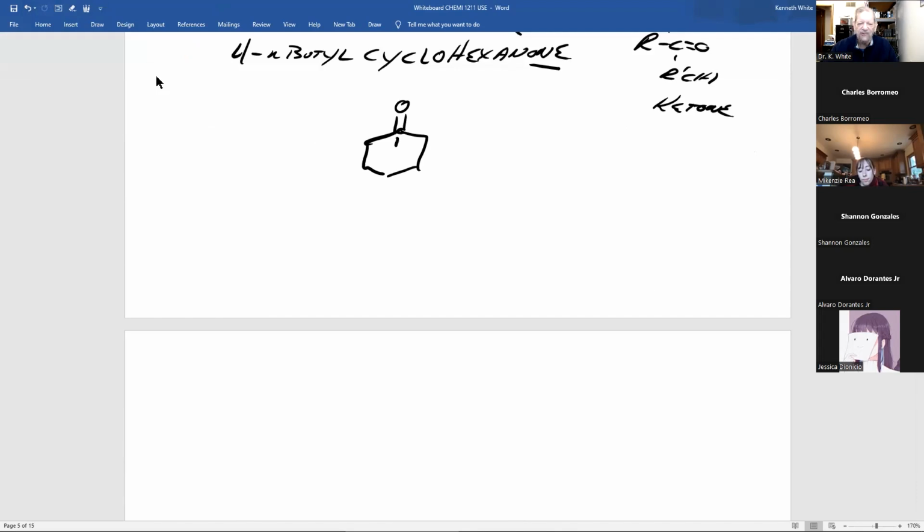You can go clockwise or counterclockwise. And on carbon 4, it doesn't matter which way you draw the carbons, an n-butyl group. I could have had them going this way too. And that's 4-n-butyl cyclohexanone.